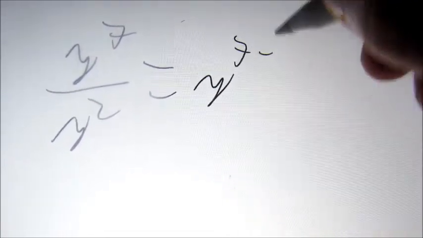Okay, so a few more examples here. Let's say we have y to the 7 over y squared. That's going to equal y to the 7 minus 2, which equals y to the 5. And let's say that we have numbers. Say 5 to the 9 over 5 to the 6. Again, 5 raised to the 9 is going to be a huge number.